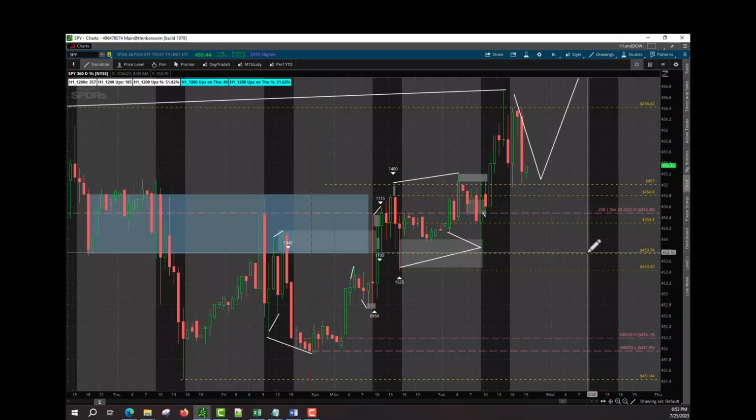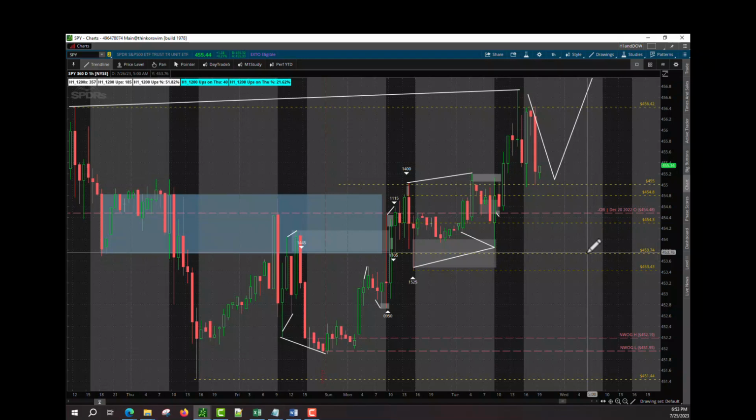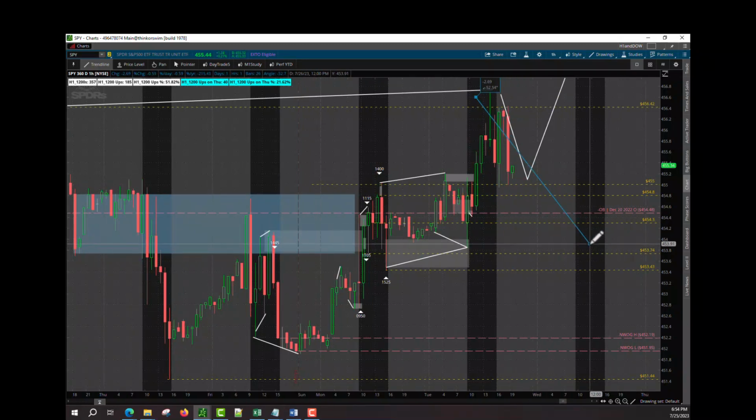The second scenario is that it's going to go down all the way and break this bullish breaker right here.